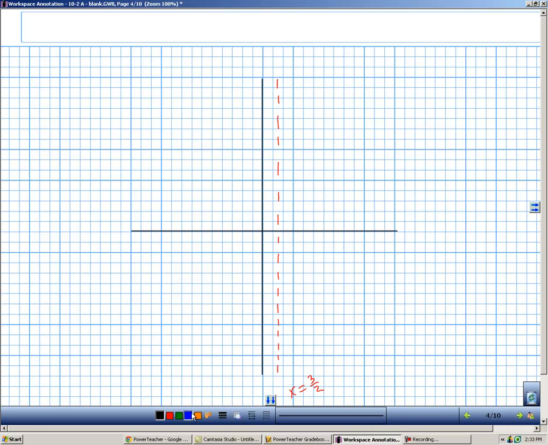So I'm going to go over here and I'm going to go down to 12, and about a fourth is right here. So that's my vertex, and I'll label it 3/2 and -49 fourths. I know that looks yucky, and it is kind of yucky, but it's not very difficult when we're trying to find the roots, because these fractions aren't my answer. Where it touches the x-axis, that's my answer.